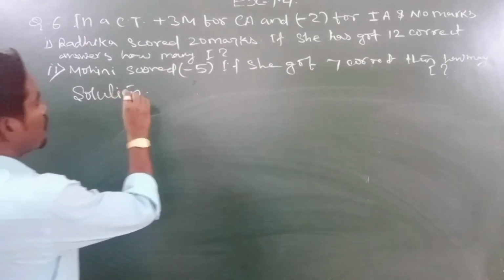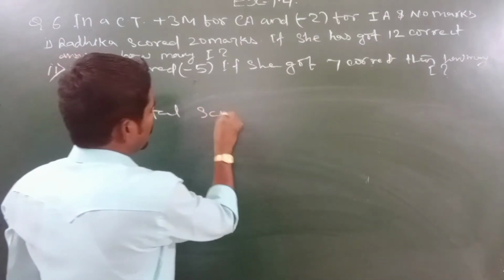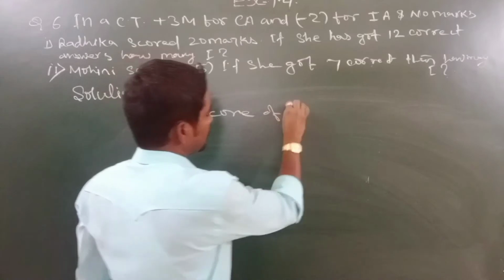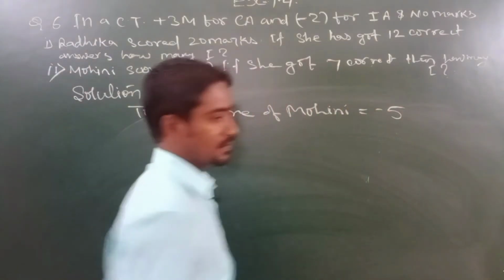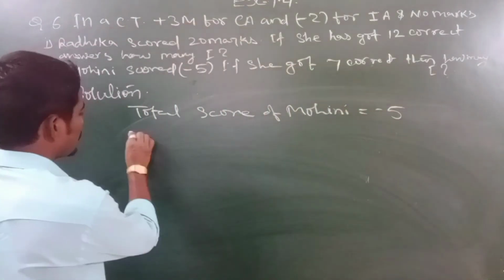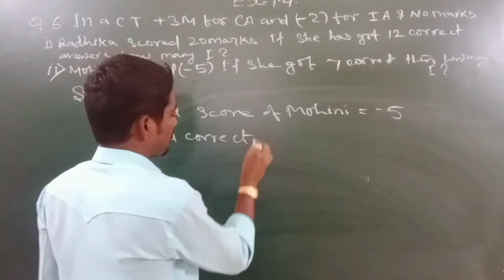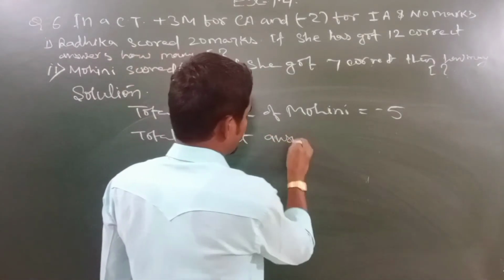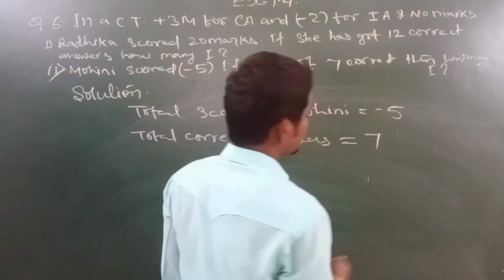Now, the total score of Mohini is -5 marks. How many total correct answers is she giving? 7.